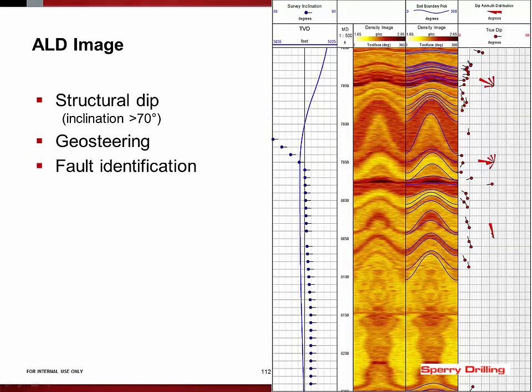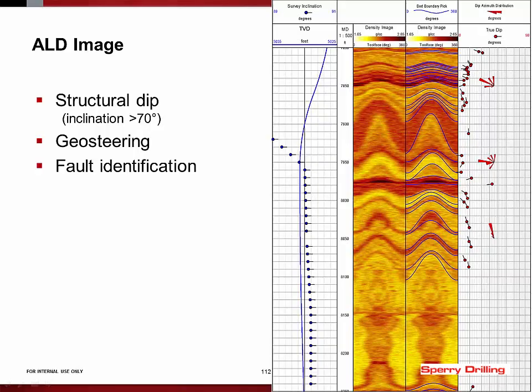Now, the image that we get from the ALD is not purely for formation evaluation. It's also useful for more geological applications, in particular for helping us understand the structure that we're drilling through.